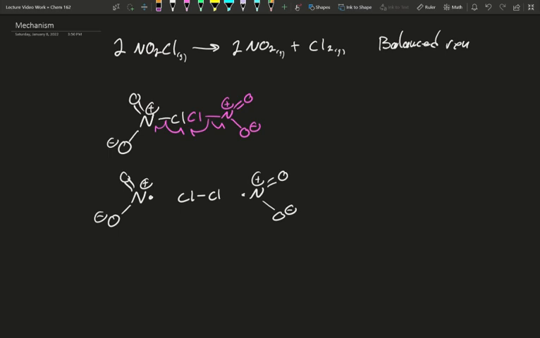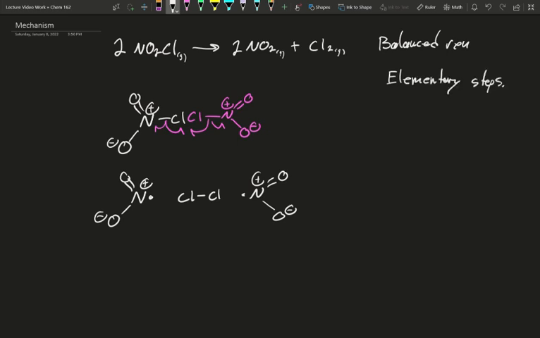So this is the idea of the mechanism. We've proposed the idea that two starting material molecules must impact, breaking the chlorine atoms off together at the same time. When we talk about individual steps, we call them elementary steps.